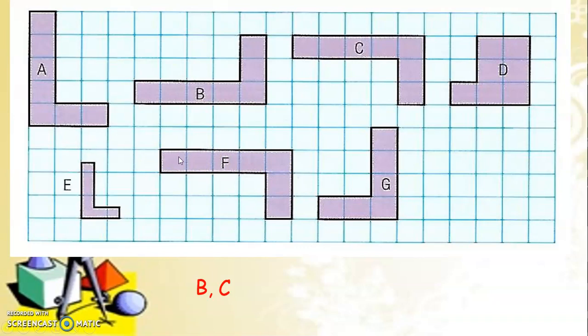As you see, 1, 2, 3, 4, 5. So it has 5 squares also, and here it has 3 squares also. So it means F also is congruent to shape A. So we will say that B, C, and F are congruent to shape A.